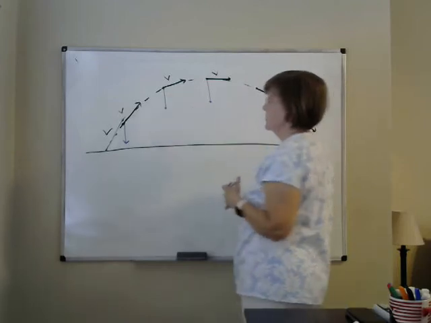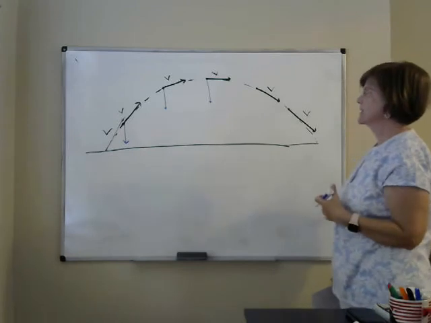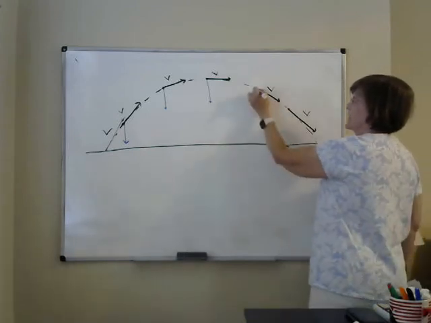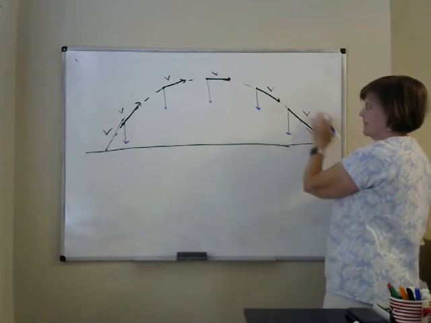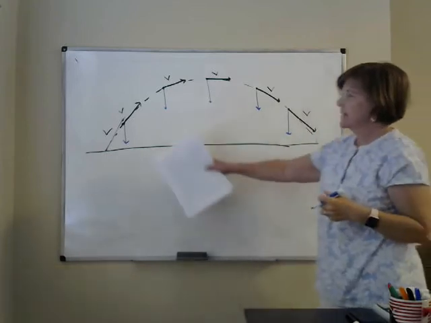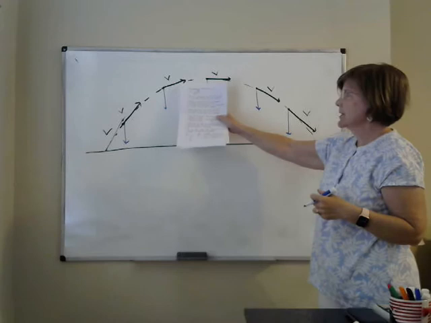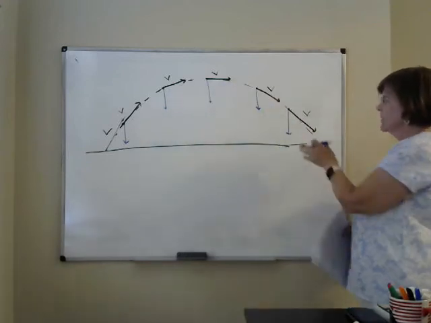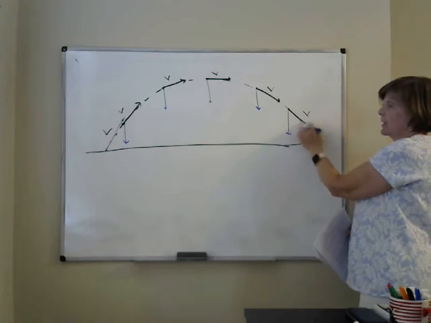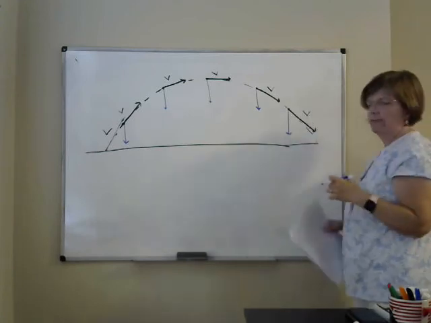It not only changes the direction, but it decreases the speed. But on the way down, this same acceleration is going to cause that speed to get faster. So it's losing speed on the way up, and it's gaining speed on the way down, because on the way down, these two point more or less in the same direction.